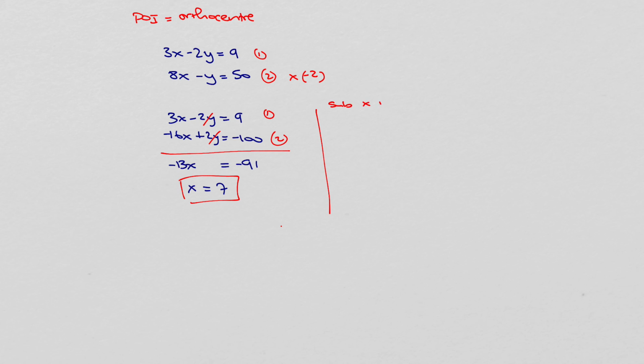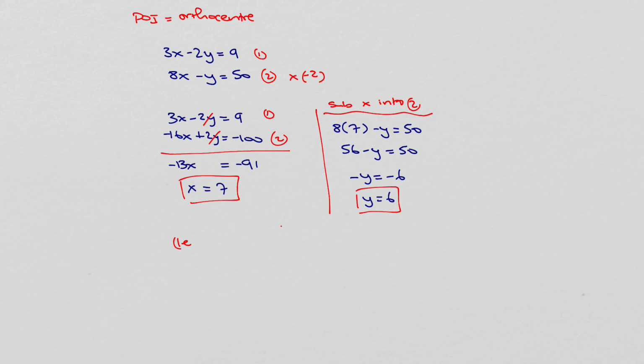So I'm going to sub x into the second equation there, because there's no coefficient in front of y, so it makes it a little bit easier. So I have 8 times 7, minus y equals 50, and that gives me 56 minus y equals 50. So we end up with minus y is equal to 50 minus 56, which is minus 6, and therefore y is equal to 6.